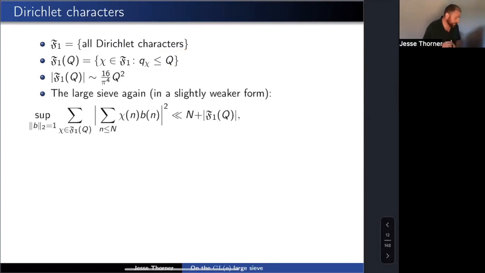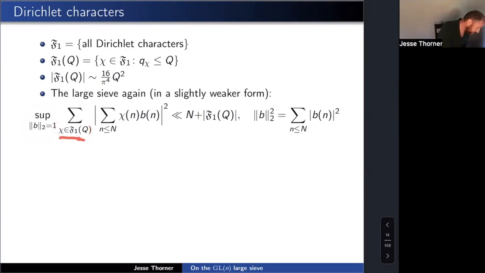And now I'm going to state the large sieve in a slightly weaker form. So I can consider my function b here, and I really want to think of the left-hand side of my large sieve inequality here to be supremum over my functions b, such that the square of its L2 norm is 1. And I'm now summing over my primitive chi running through F1 of Q, summing this same modulus square.